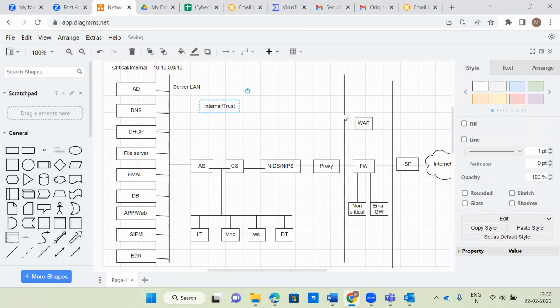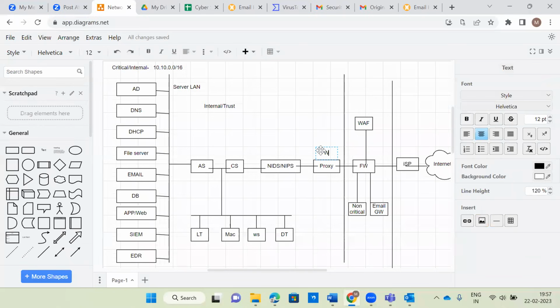Up to the proxy is internal or trust, very critical at the organization level. Here AS means access switch, CS means core switch, NIDS and NIPS mean network intrusion detection system and network intrusion prevention system. Then the proxy is also called a web gateway.